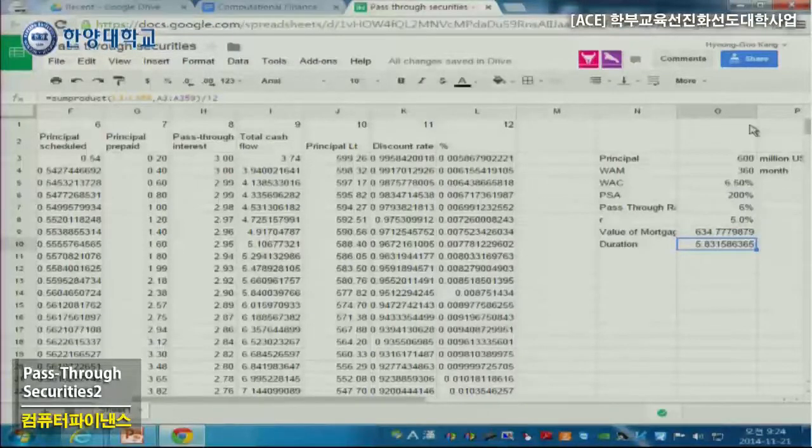Okay, there is one problem because in this particular calculation of the duration, we assume that the pass-through PSA doesn't change. It is constant. But if interest goes down, what do you think about the pass-through PSA? What do you think will happen to the prepayment? Suppose you borrowed money from a bank and now you observe the interest rate went down, then will you pay back money or not?